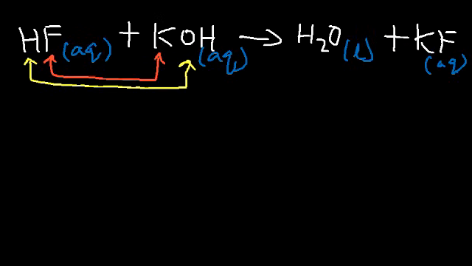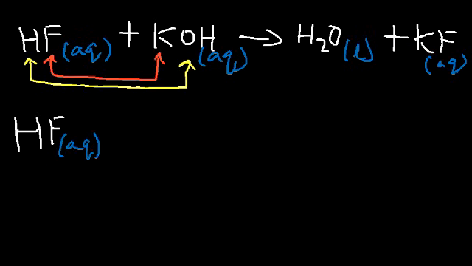And it's something that you need to keep in mind. HF is a weak acid. H2SO4 was a strong acid. For weak acids, they don't ionize completely, even though they do dissolve in water. So this is the one case where you might have a substance that's aqueous, but you shouldn't separate it into ions. So we're going to leave HF the way it is because it's a weak acid. KOH is a strong base.